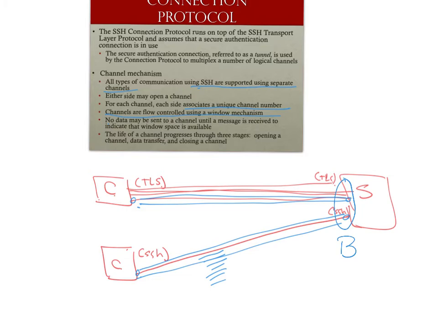What this means is that if we have a bandwidth of B, this bandwidth of B will be divided equally between all these connections.